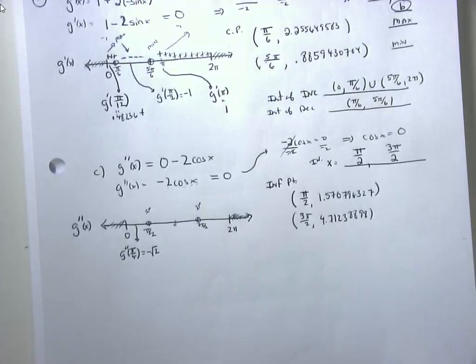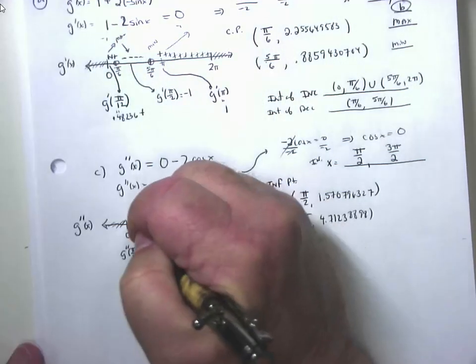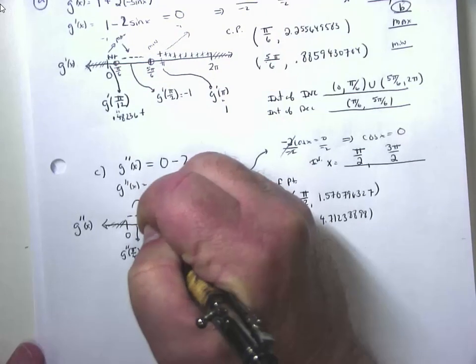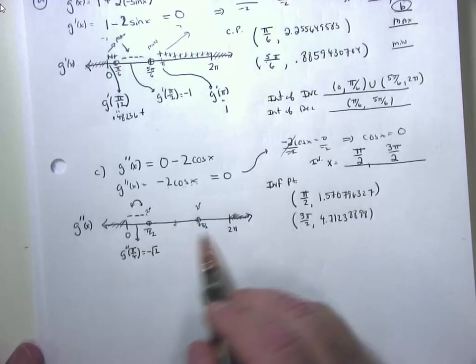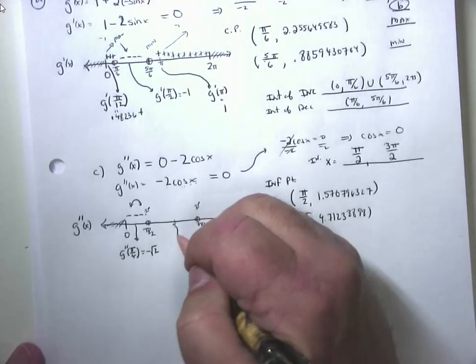You can use your circle on this. It's 1.414. I've got the decimals memorized. That's how I got through high school on the trig stuff. But who cares? It's negative, which tells me I am concave down in this interval. Pick a number between pi/2 and 3 pi/2. I'm going to choose pi.